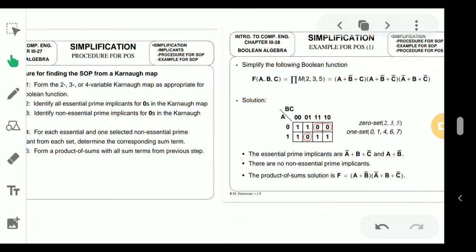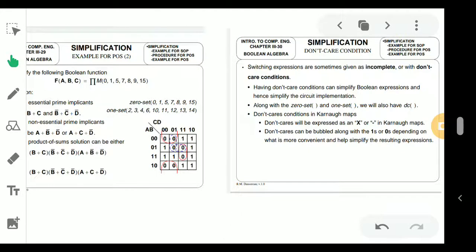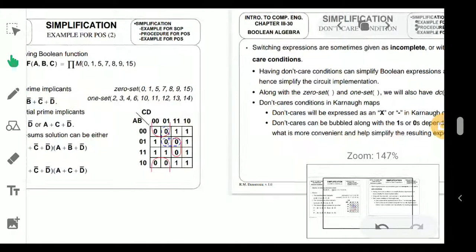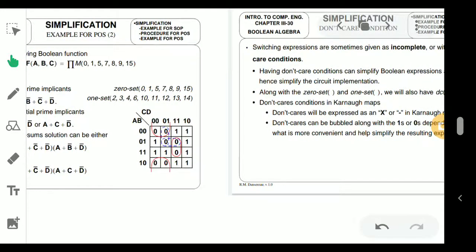In this way we can do another example. Let's check another, bigger example. Here the term is given: pi of 0, 1, 5, 7, 8, 9, 15. In the particular positions, as it is a pi, we have to put the 0 values, and we try to combine them. There we have combined 2 zeros.